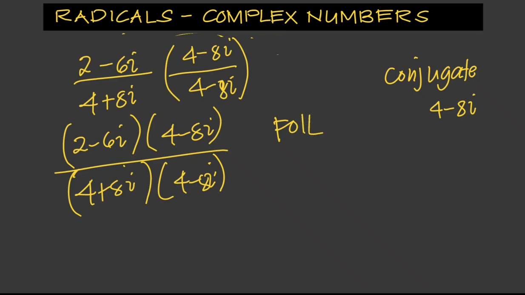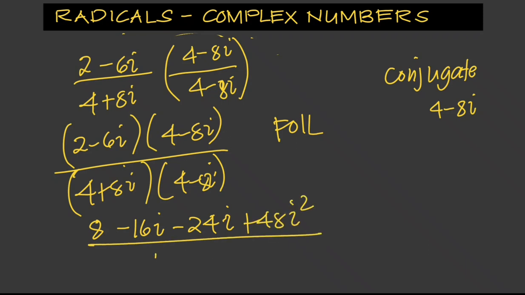Okay, so 2 times 4, that is 8. 2 times negative 8i would be negative 16i, and then negative 24i, then plus 48i squared, and this is equal to 16 minus 64i squared.